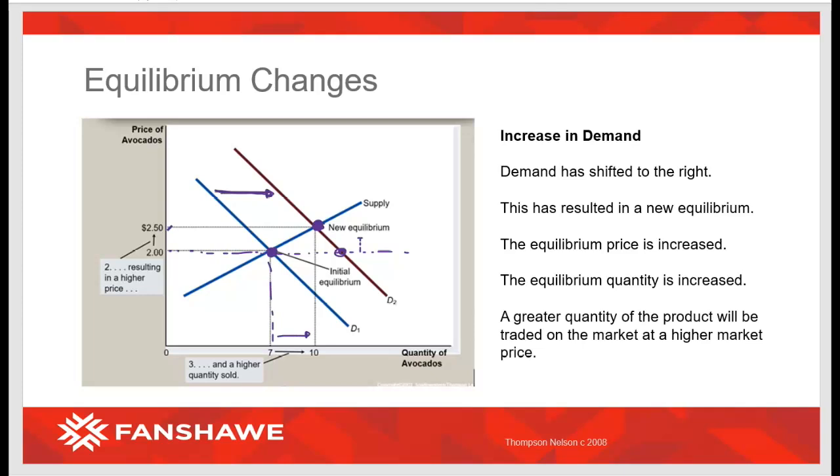So this increase in demand causes an increase in equilibrium price and an increase in equilibrium quantity. The market will adjust to that because otherwise we would have a shortage, right? Understanding that is critical to understanding how supply and demand works. So I have drawn 4 different supply and demand models here, right?